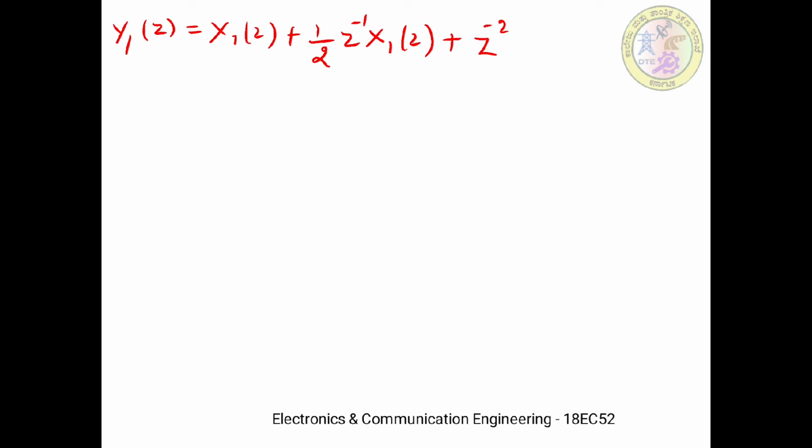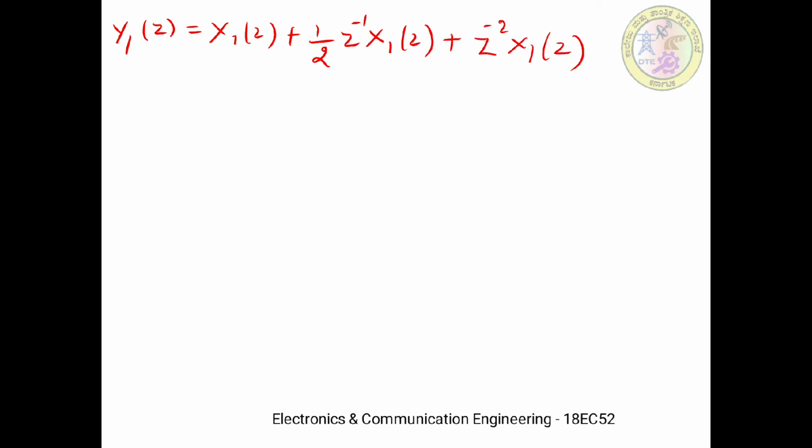Okay. So now my intention is to obtain y of n. So first I will write on the LHS Y1 of z. By cross multiplying, I have X1 of z plus 1 by 2 into z inverse X1 of z plus z raised to minus 2 into X1 of z.